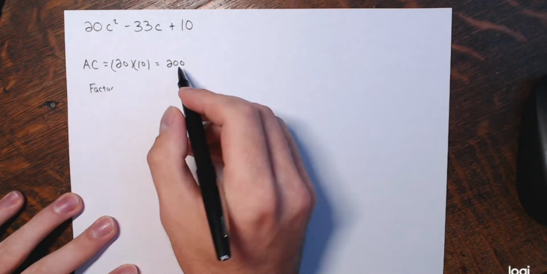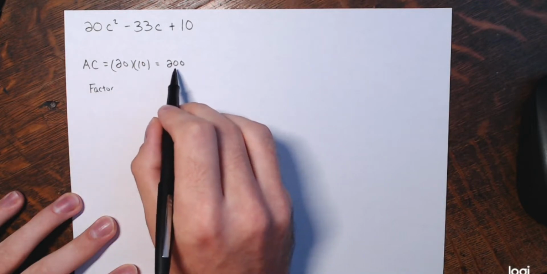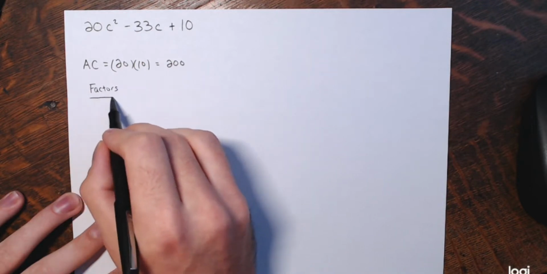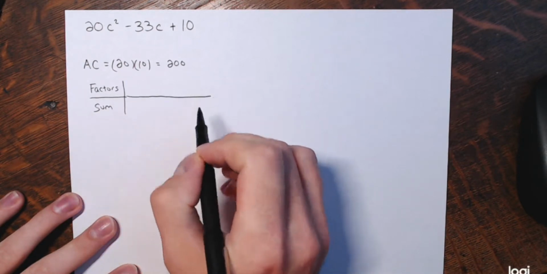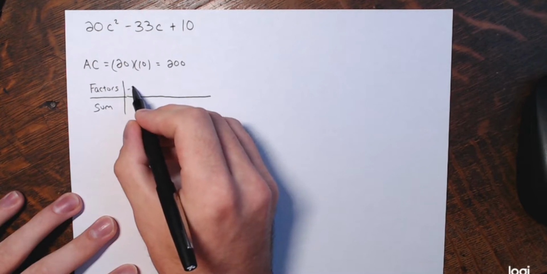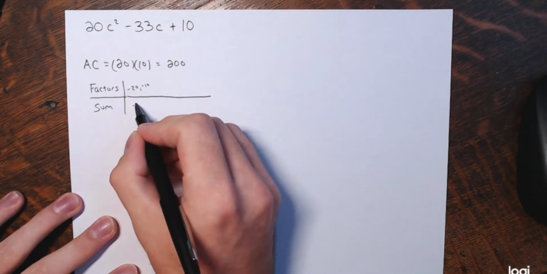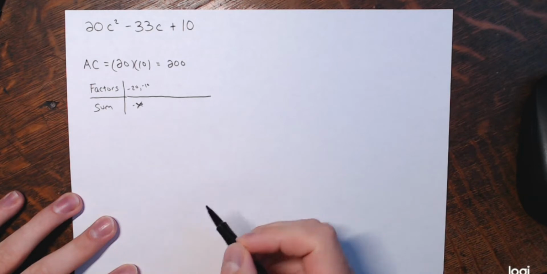Well, if that's the case, I need two negative numbers, right? Two negative numbers will multiply to be positive 200 and add up to be negative. Now, the obvious ones I'm looking at are negative 20 and negative 10, but those add up to negative 30, which aren't good.